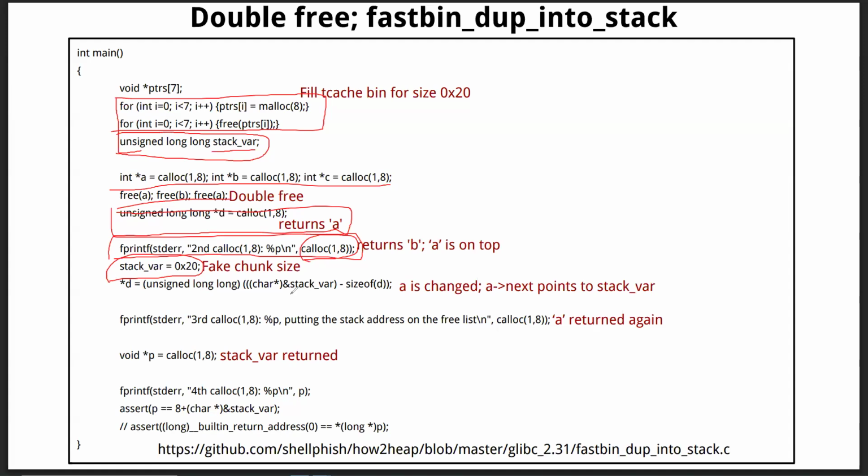We are getting the address of a variable. This is the address of the local variable, stack var. We're getting the address of it. Then we use this address minus the size of D. So this is a local variable. Let's say this is high, this is low. This is a local variable. We are getting several bytes before that. Okay?